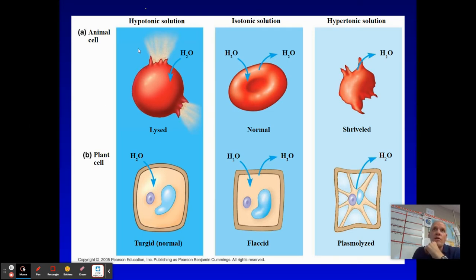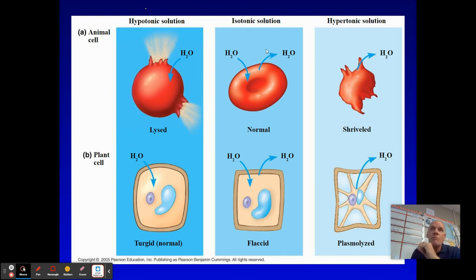An animal cell in a hypotonic solution means that there's more solute concentration in the cell, so water is going to move from outside where there's less solute, more free water, into the cell. That's going to cause the animal cell to burst. That's different than a plant cell, because a plant cell has a cell wall that will not burst. Plant cells like to be in a hypotonic environment.